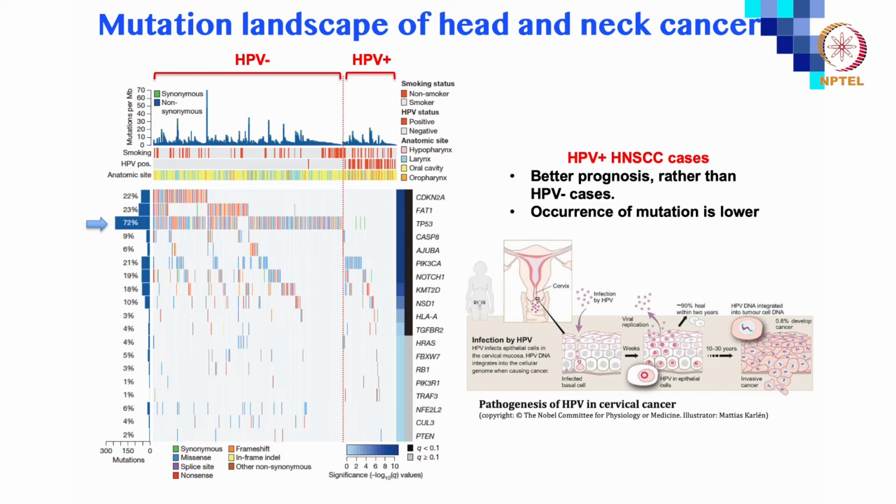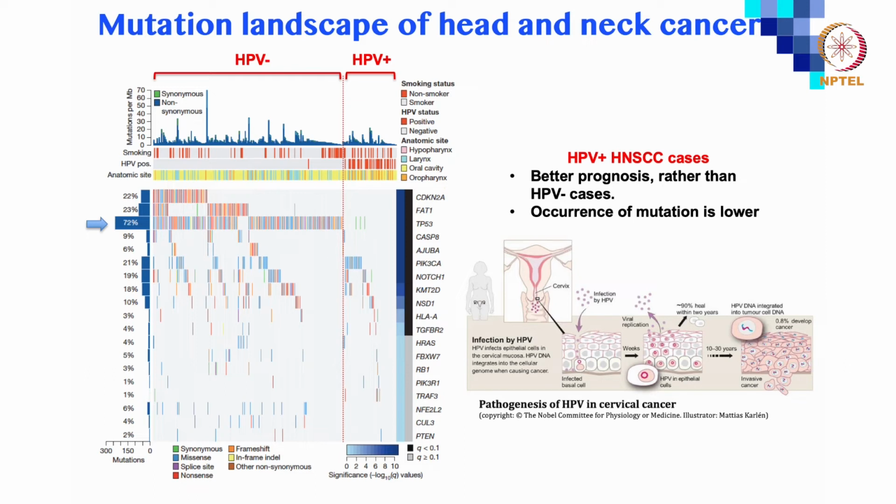The majority of cancers, some 90 to 95% of cases, are due to genetic mutations from environmental and lifestyle factors. This slide shows the mutation landscape of head and neck cancer recently published in Nature.